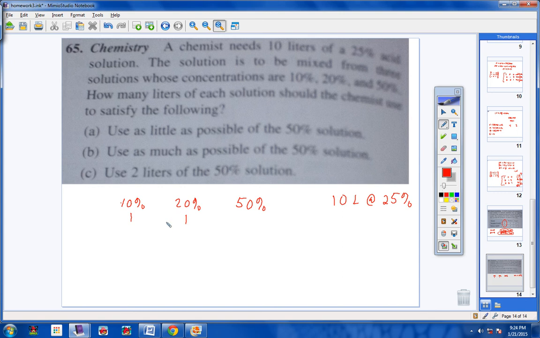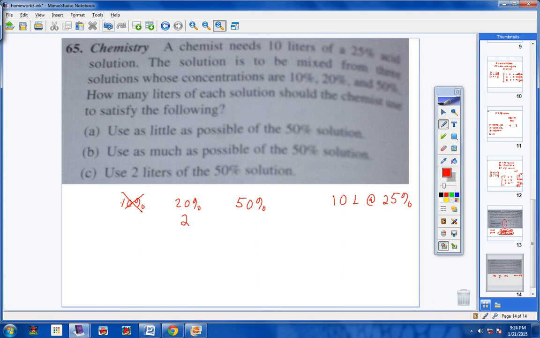That would give me a concentration a little weaker than 20%, okay? However, instead of 1 and 1, if I took 2 liters from here, that would give me a stronger solution, a 20% solution. So if I use no 10% and I use as much 20% as possible, that will give me the least amount of 50% possible.